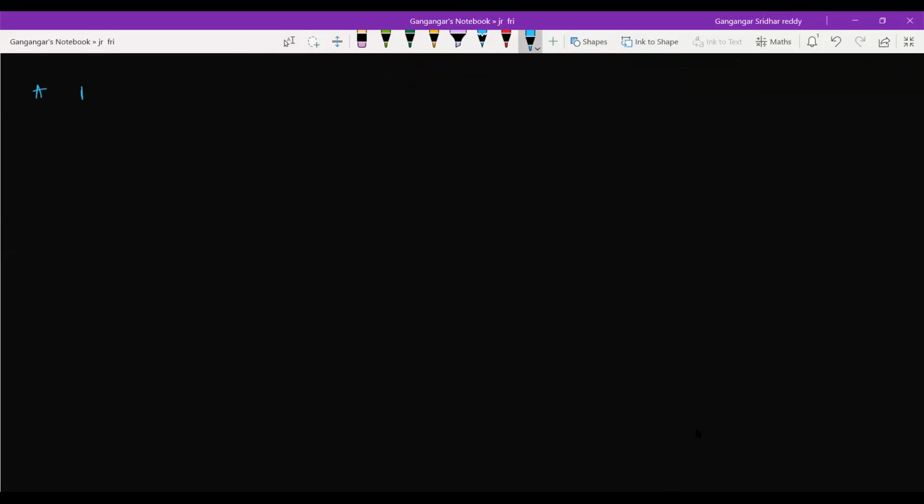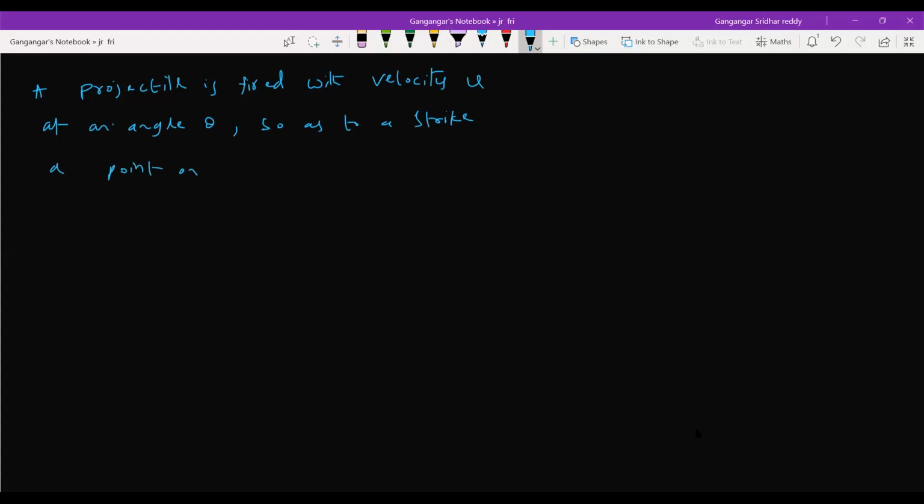I'll write down the question. A projectile is fired with velocity u at an angle theta so as to strike a point on an inclined plane.